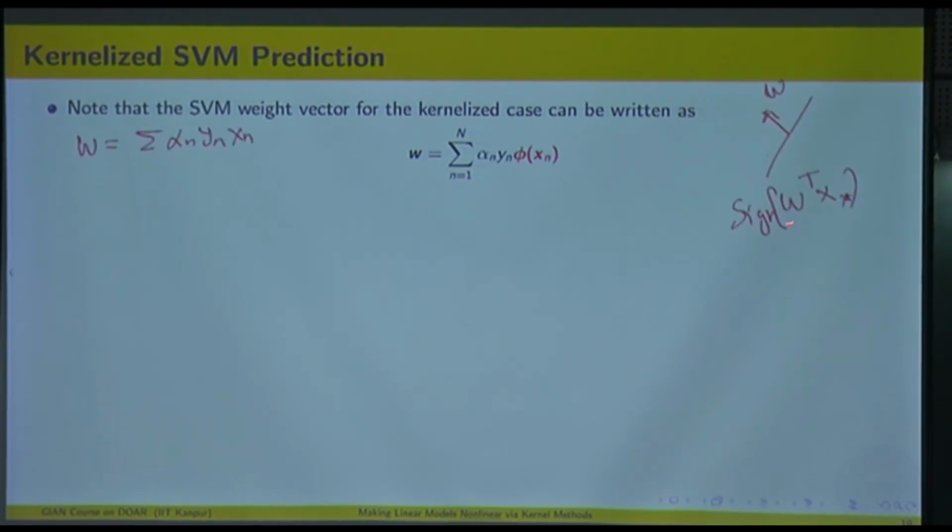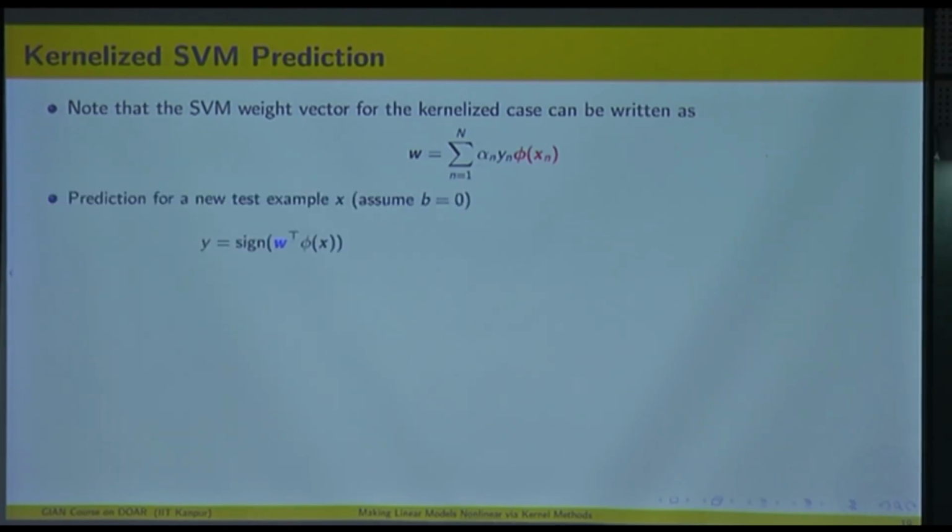I told you that the prediction is made like sign of w transpose x. So in the kernelized version, what will the prediction look like for a new test point? Suppose I get a new test example, I'm calling it x, and b is the bias of SVM, which I'm ignoring. The prediction y is sign of w transpose phi of x, because x also has to be mapped to the same space, phi space.